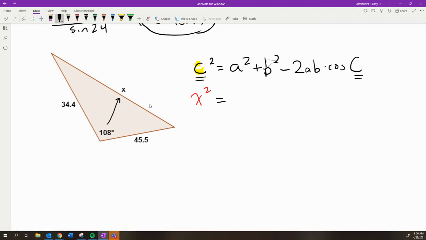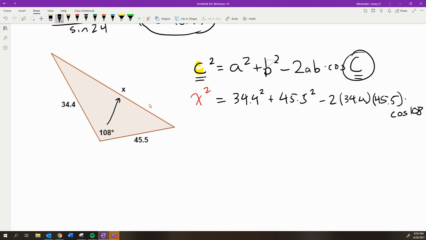And then a and b are the other two sides. So 34.4 squared plus 45.5 squared minus 2 times 34.4 times 45.5 times the cosine of 108 degrees, right? That angle C is opposite of the side called C.